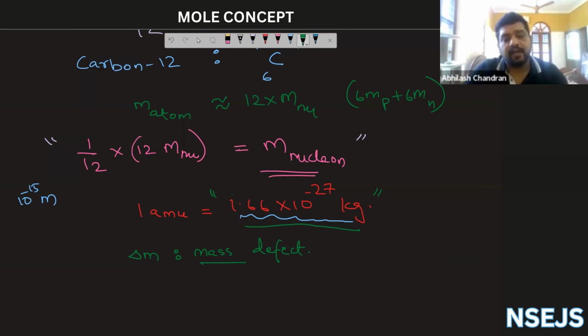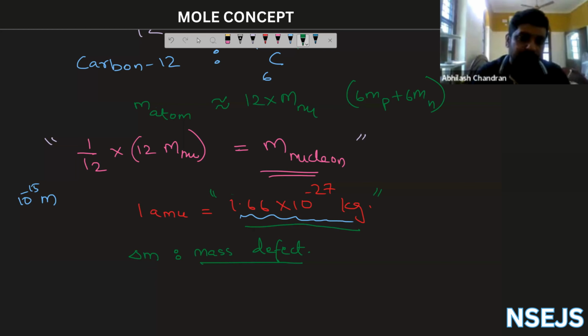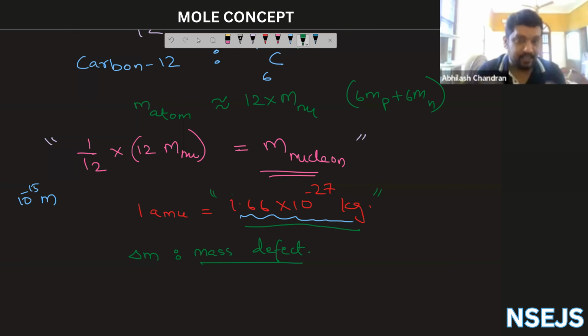So we use carbon as a yardstick to define what you call the AMU, our unit for mass on a very subatomic level, on a tiny level, so that my communication about the mass of an atom gets more legible and easier. So yeah, this is how we define AMU.